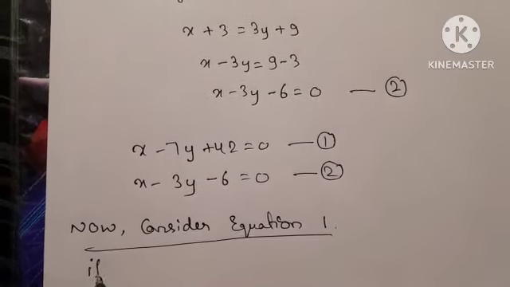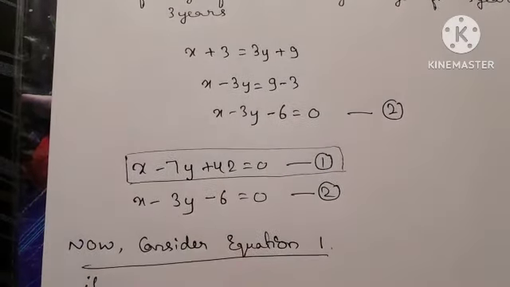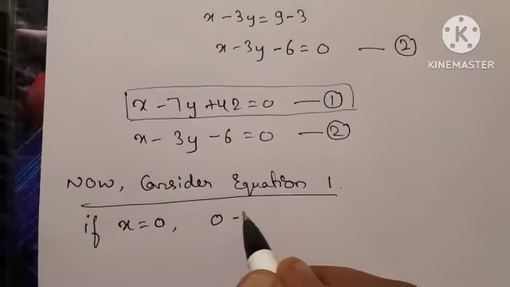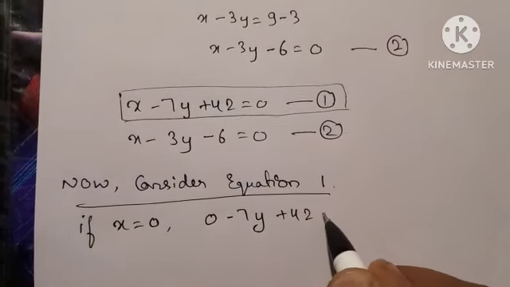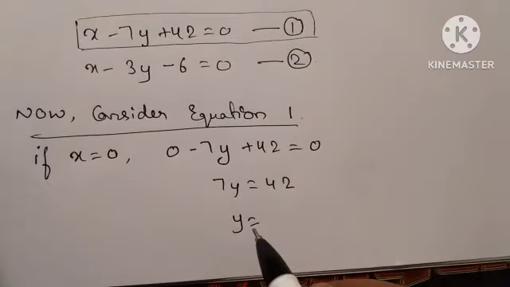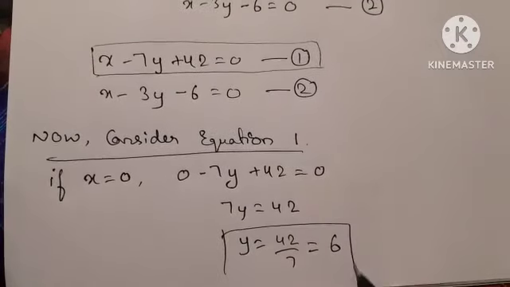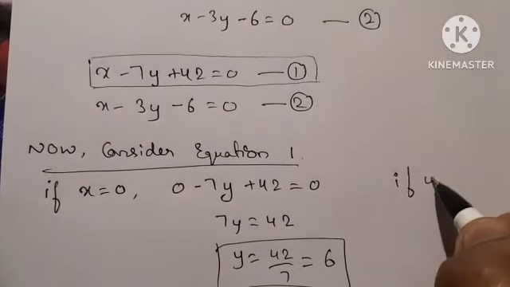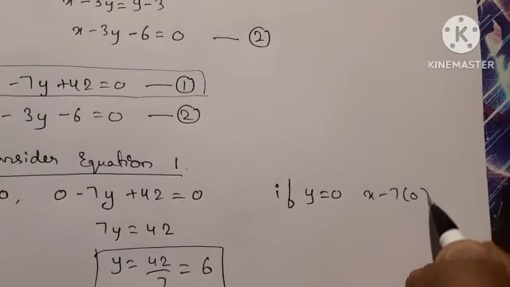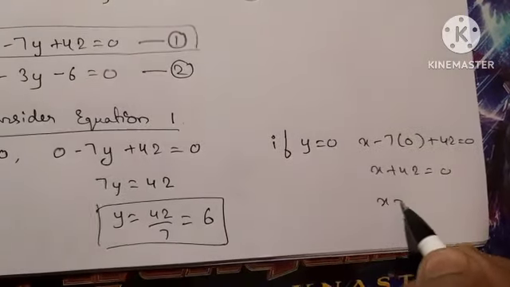So in this particular equation, if we assume x is equal to 0, then we get 0 minus 7y plus 42 equal to 0. So if we solve this, we get 7y equal to 42. So y is equal to 42 by 7, which will be equal to 6. And if we assume y is equal to 0, we get x minus 7 into 0 plus 42 equal to 0. So it will be x plus 42 equal to 0, x is equal to minus 42.